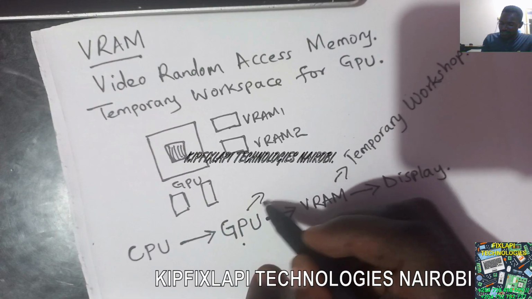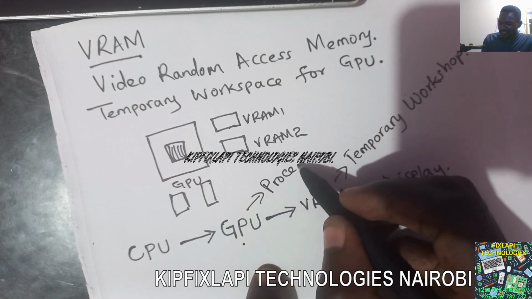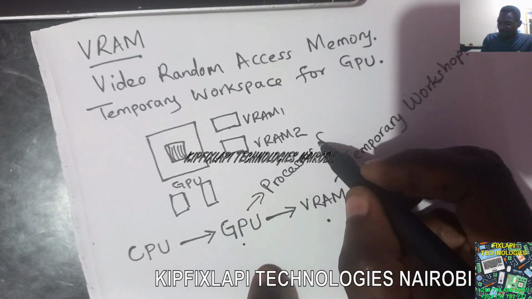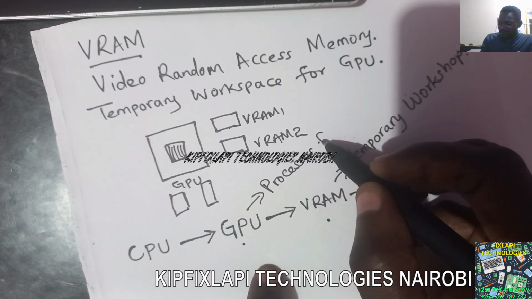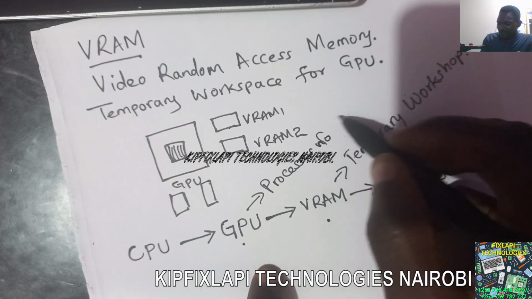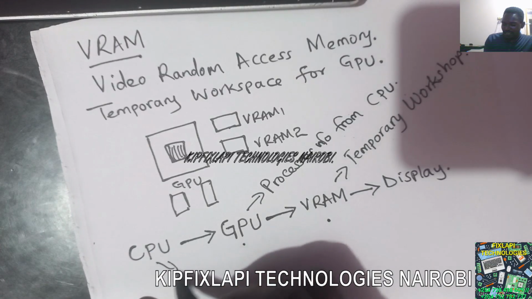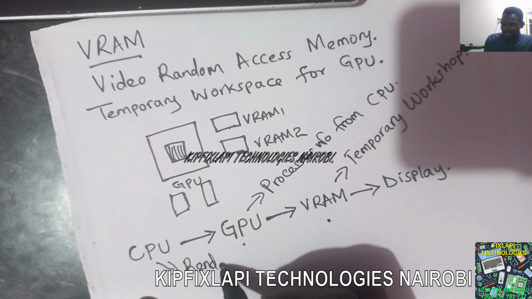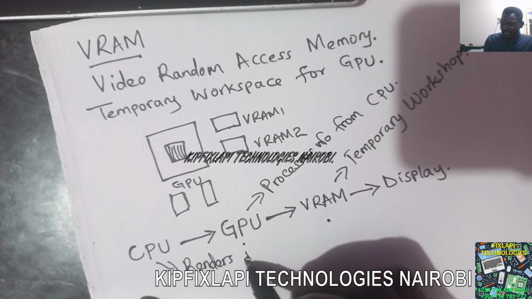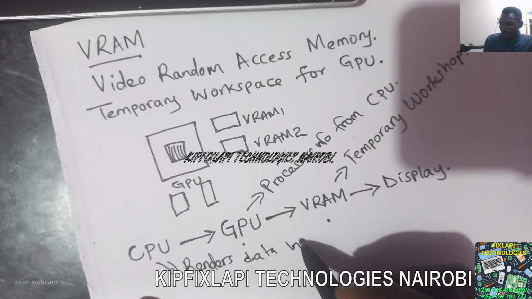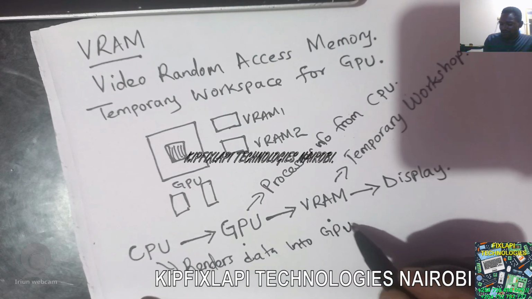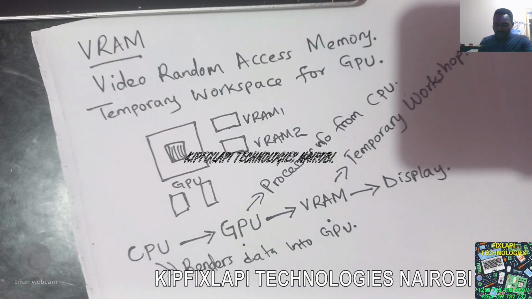The GPU processes the information from the CPU, and renders the data. So you have the CPU, the GPU, the VRAM, and the display. All those components work together.